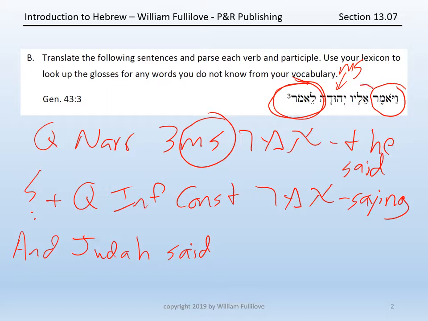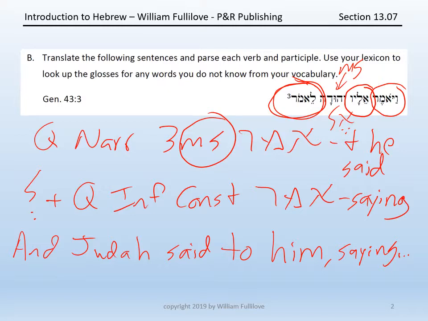Then we have a preposition plus a possessive suffix, el, the preposition to or toward, to, and then av, him, the third masculine singular suffix. And then woodenly, saying. And if the text went on, it would give what he said.